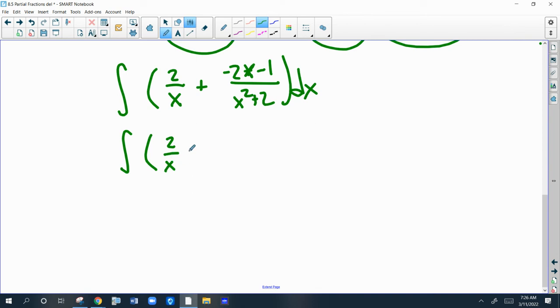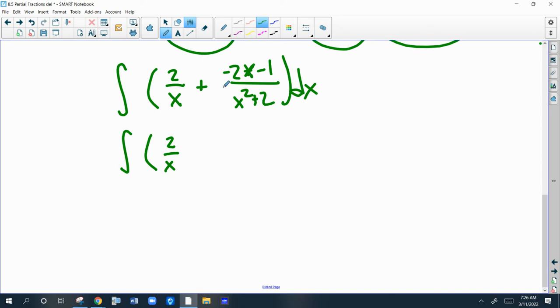First thing I'm going to do is I'm just going to go with it. The 2 over x is going to be a natural log. Negative 2x minus 1 over x squared plus 2. I'm searching for a natural log there as well. The bottom derivative is 2x, and I have a negative 2x minus 1 up there.